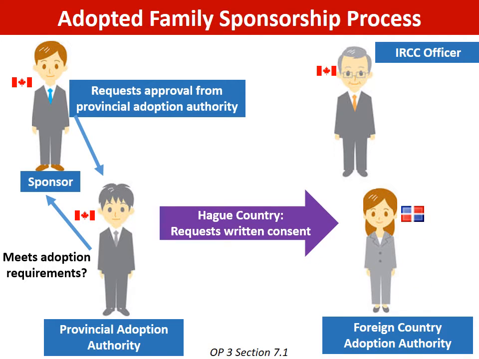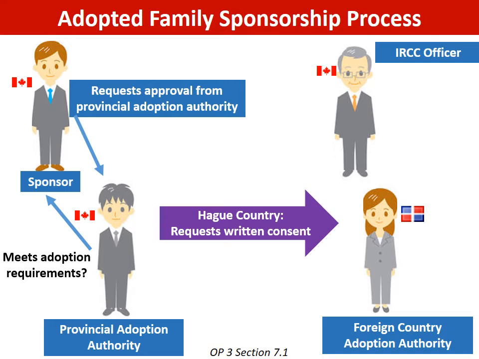Now, if the person meets the adoption requirements in terms of what the provincial adoption authority is looking for, then they take a look at whether or not the person that the sponsor wants to adopt is from a Hague country or a non-Hague country.